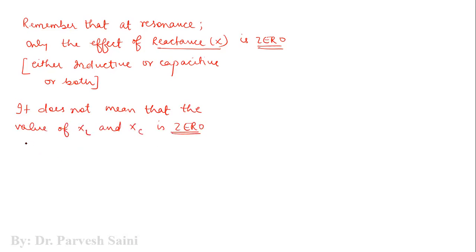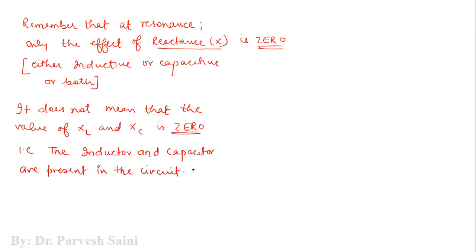So that means the inductor and capacitor are present in the circuit, but their effect is 0 at resonance.